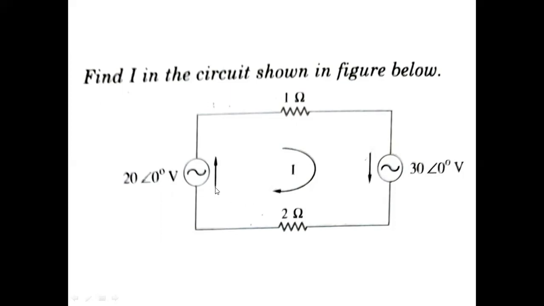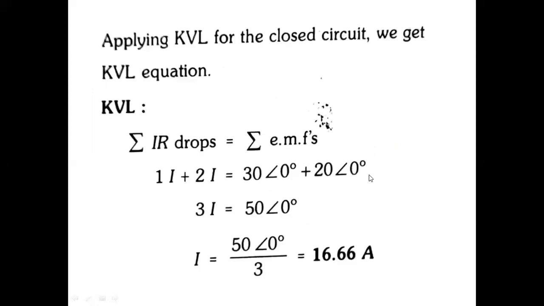So 20 at an angle 0 is equal to I plus 2I plus 30 at an angle 0. This is wrong, the solution. So I plus 2I is equal to 30 at an angle 0 minus 20 at an angle 0, because the direction is opposite.